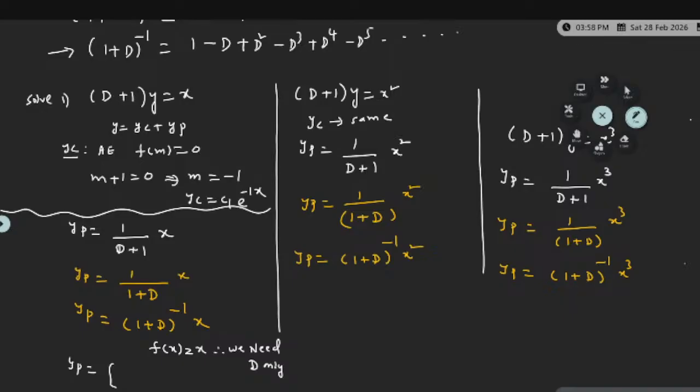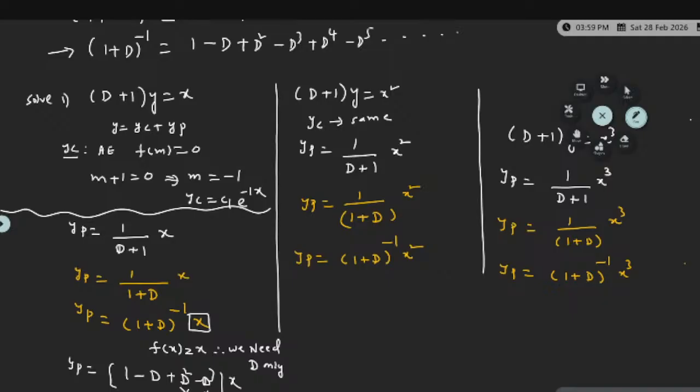What is 1 plus d whole power minus 1? 1 minus d. d square is not required. Why? Here what is the value of x? 1. What is the polynomial? x. It is not required. When f of x equal to x, we need d only. Stop here.